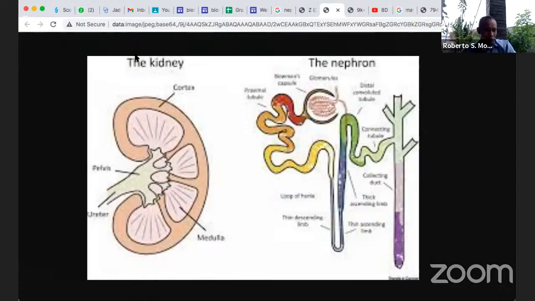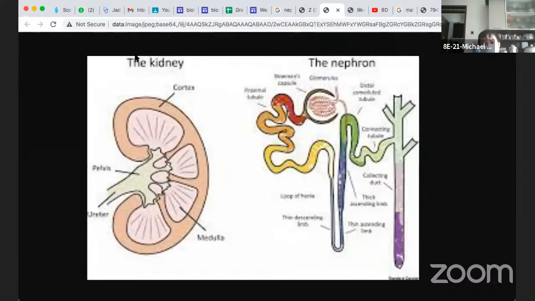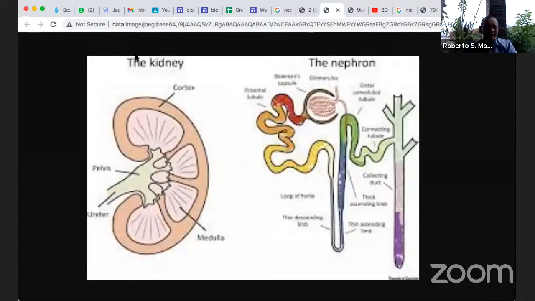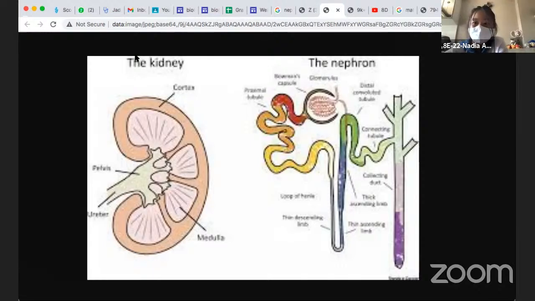Proximal tubule, loop of Henle, anything else? Nadia, do you want to complete it? Distal tubule.